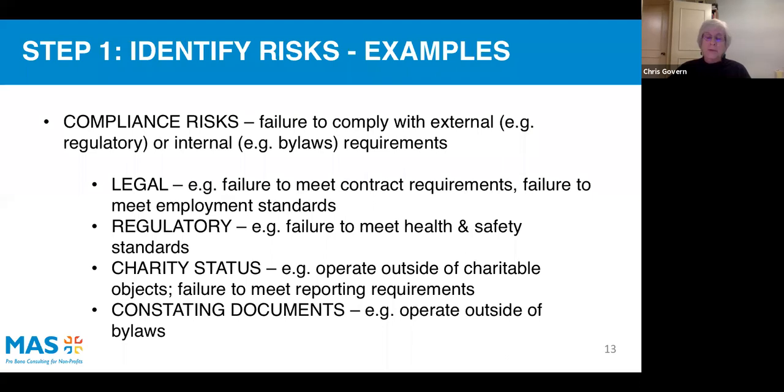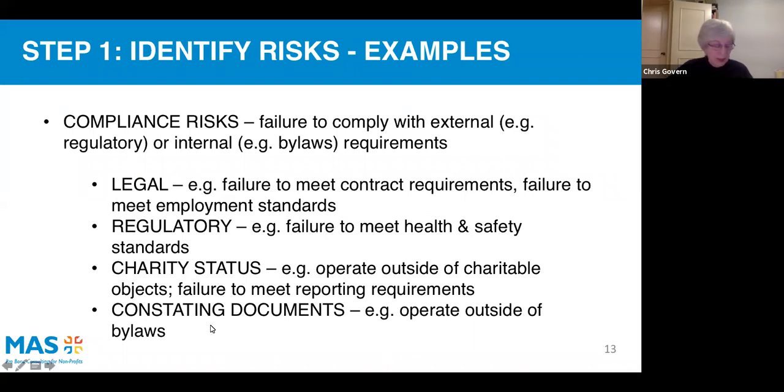You would all have a risk around constating documents. Constating documents is just a fancy term for your basic corporate documents, whether it's a certificate of incorporation or letters patent, your articles, your bylaws. Those impose certain things you must do and certain things you must not do. So you have risks around not complying with your constating documents.